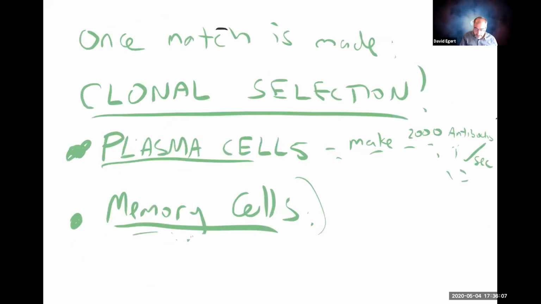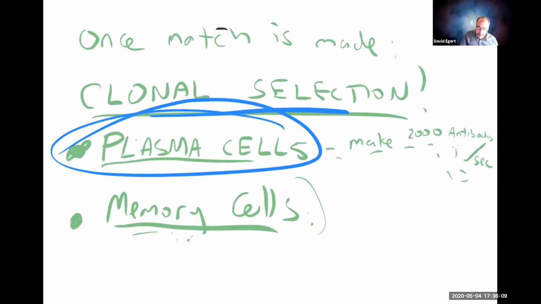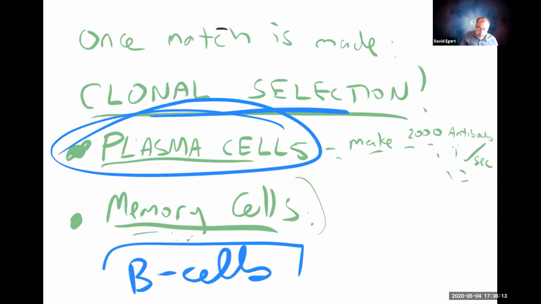In that clonal selection, you'll make plasma cells. These are types of B cells, because we're in antibody-mediated immunity here. Plasma cells are basically antibody factories, making the antibodies that do all that stuff we just talked about.